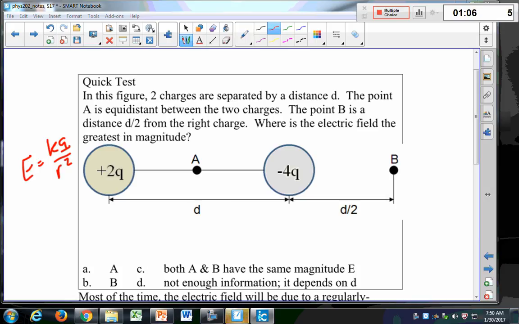Right now, you're pretty evenly split on the answers.